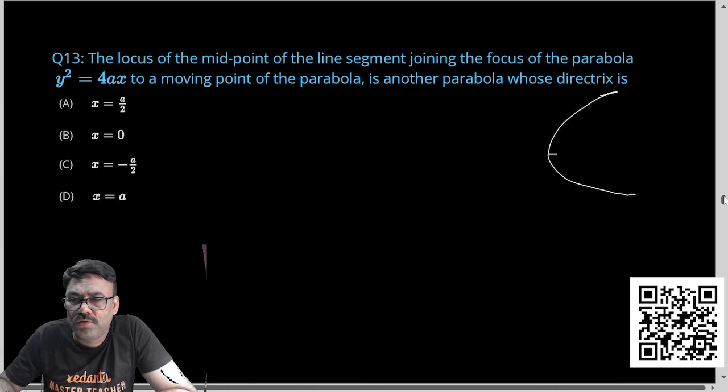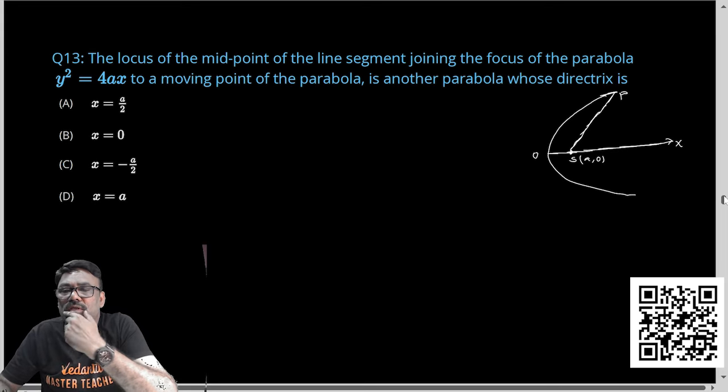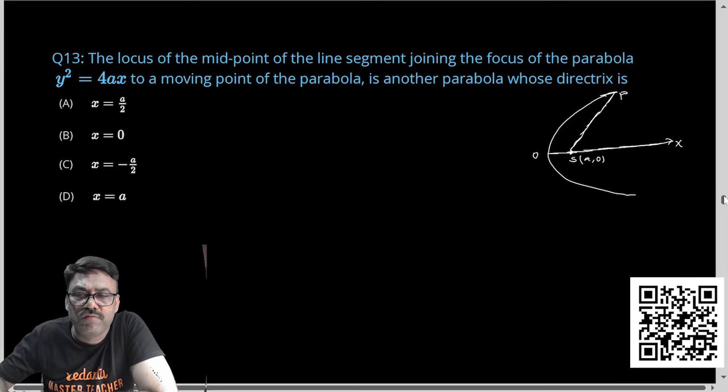The focus of this parabola is, let's say, S (a, 0). Let's say P is a moving point on the parabola. Now I have to get the locus of the middle point of PS.